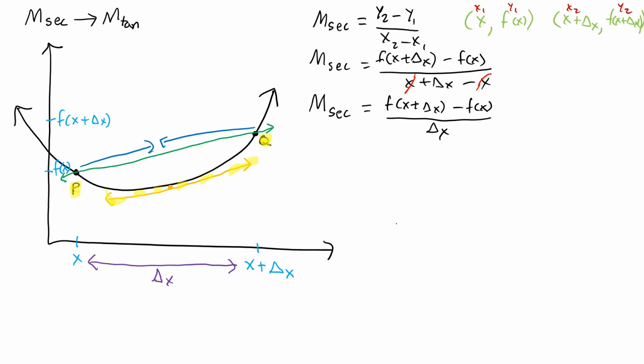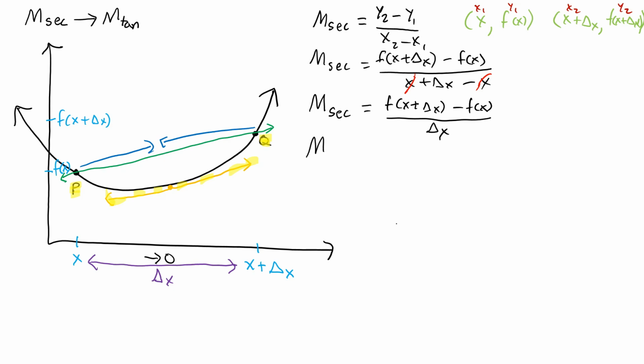Well, delta x, the distance between the x coordinates which correspond to points P and Q respectively, will get infinitely smaller to the point where it just approaches 0. So that distance is getting infinitely smaller to the point where there's just no distance at all. It's approaching 0.